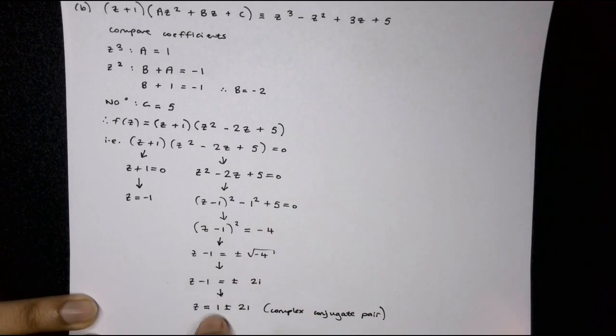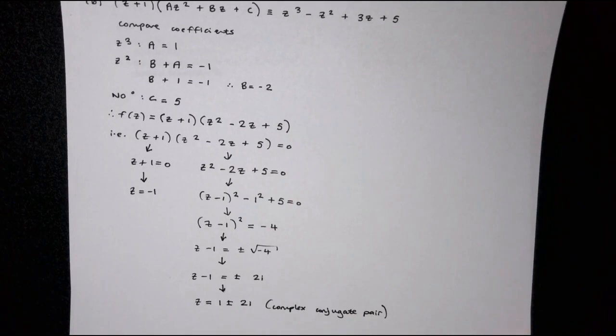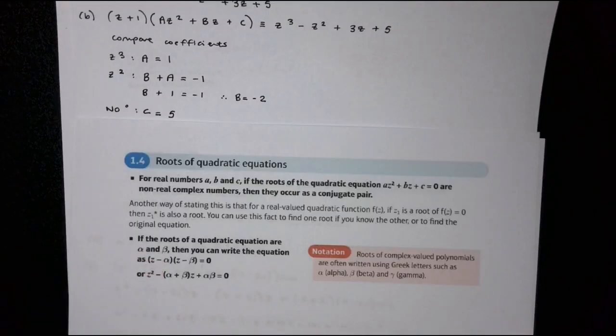If we have a root which is complex, we can determine the other root simply by finding the complex conjugate of that complex number. And from this, if we take a look at what was mentioned over here, we can factorize our cubic as the product of three brackets.